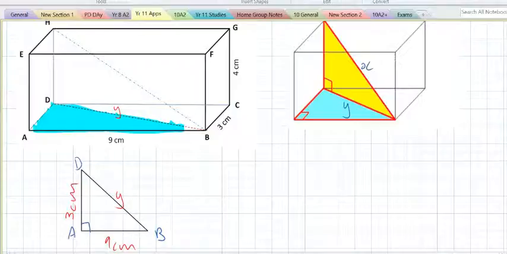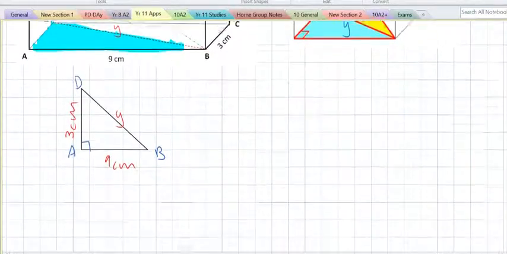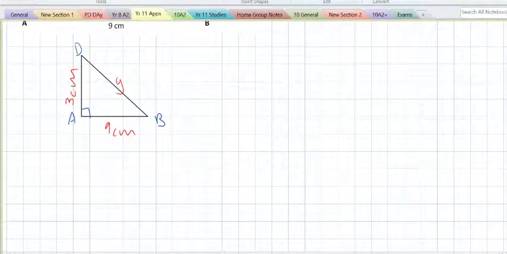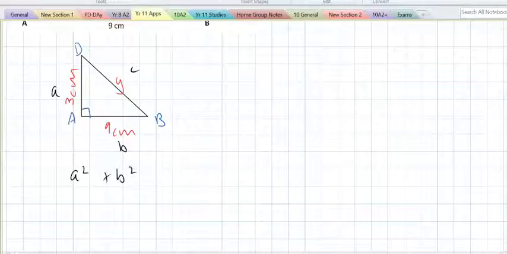So from a slightly confusing three-dimensional picture, we've taken out a two-dimensional triangle, and now we can solve it using Pythagoras. So once again, we label the sides A, B, and C. Write A squared plus B squared equals C squared. We substitute in the numbers, so 3 squared plus 9 squared equals Y squared.